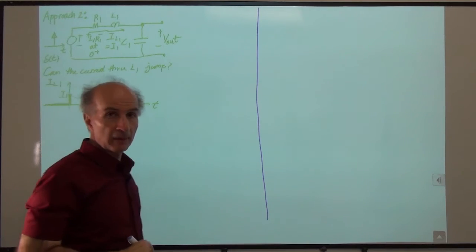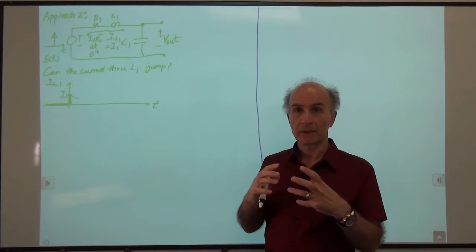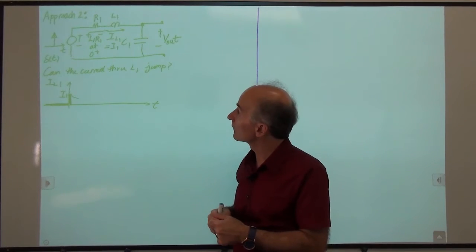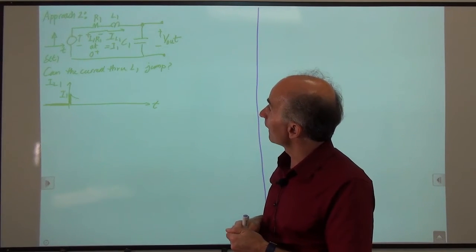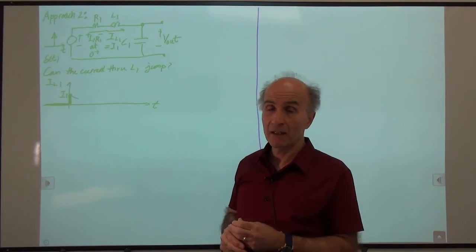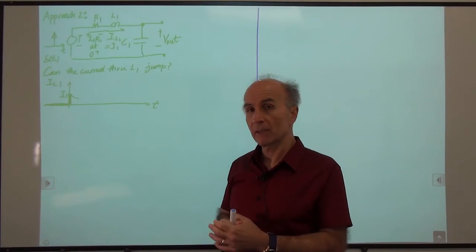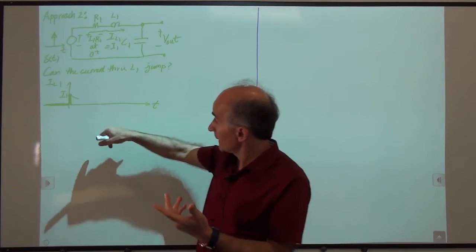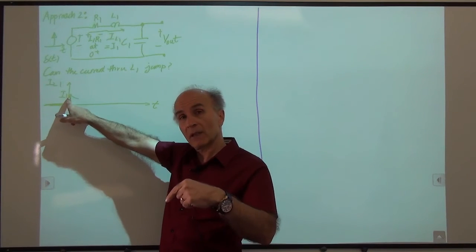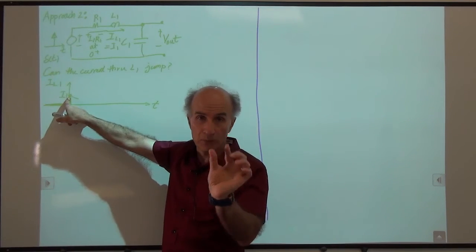I'm writing all of these things down because we have to make sure that every device satisfies the equations that we have. So how about the capacitor? The capacitor would want to have an infinite current to jump its voltage. Do we have an infinite current available? No, because the best we can hope for is that the current of the inductor jumps by some amount, but the current of the inductor cannot jump to infinity, because all we have for it is an infinite voltage briefly.